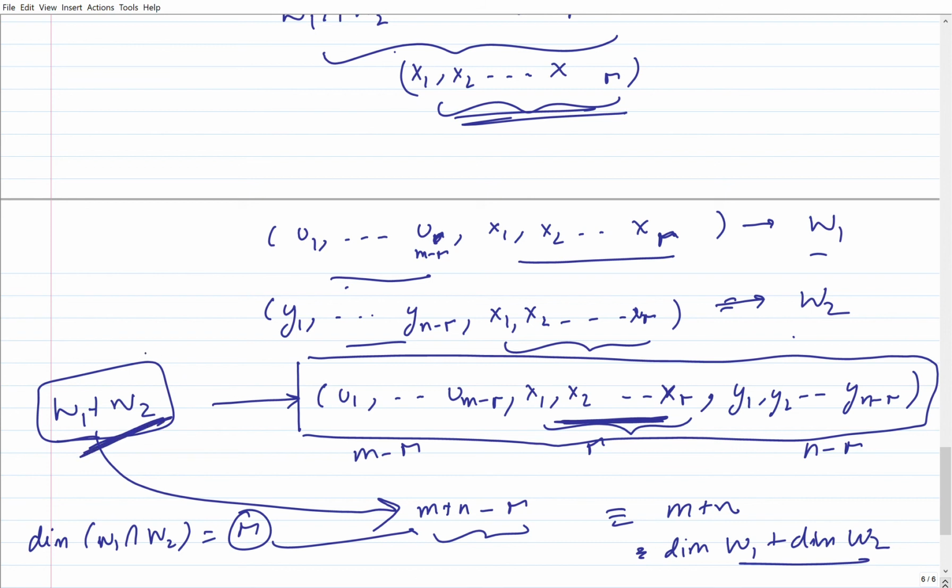Well, you need to prove the two properties: that this set spans, and also that the vectors are linearly independent. Pretty straightforward to do. There might be other ways to do it, but that essentially is what we wanted to learn about direct sums.